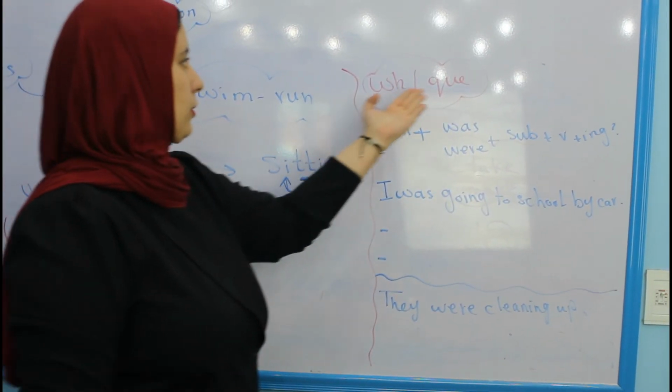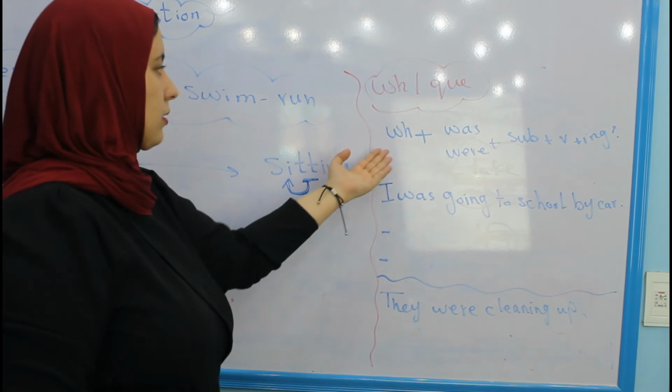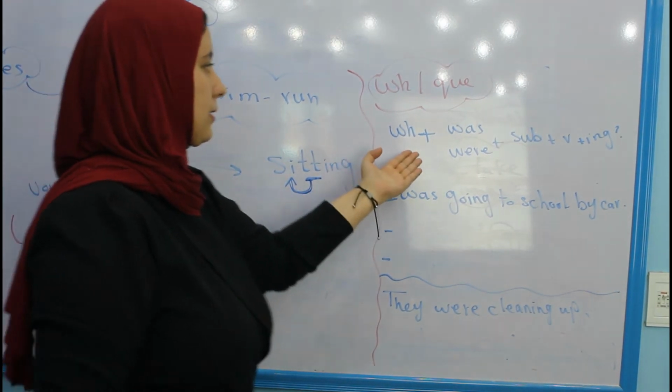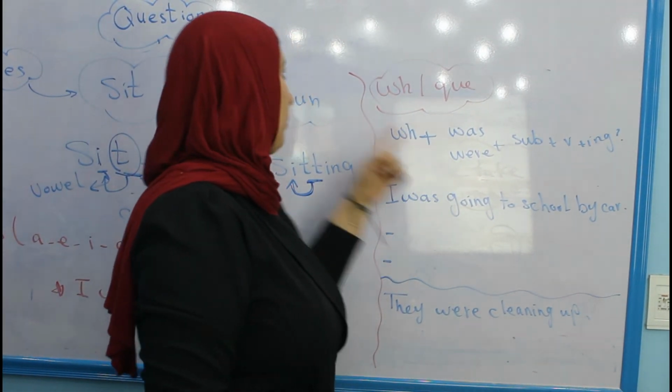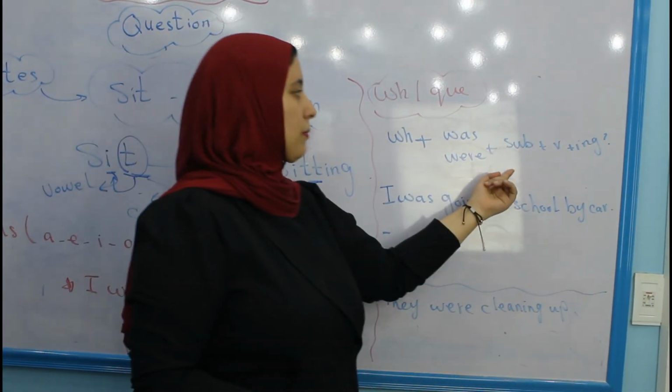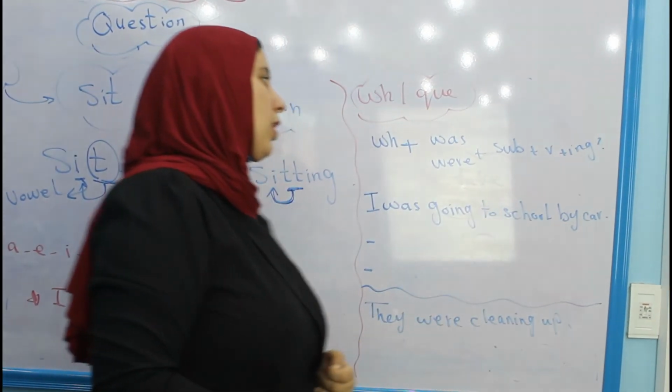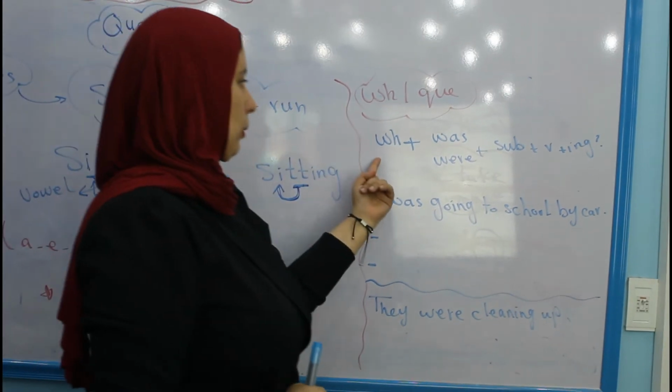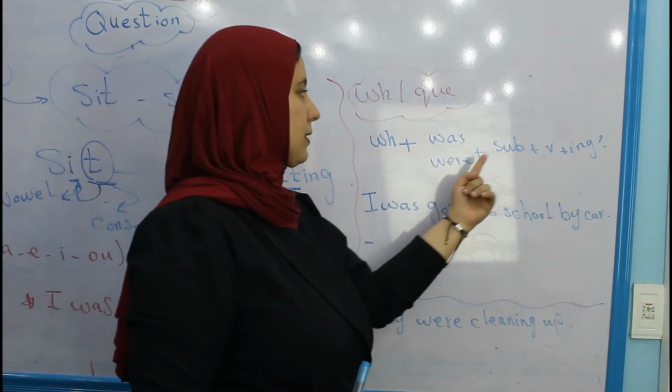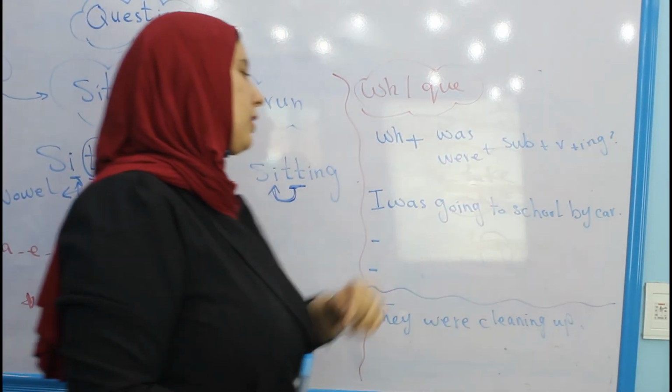So WH questions start with question word plus was or were plus subject plus verb plus ing.